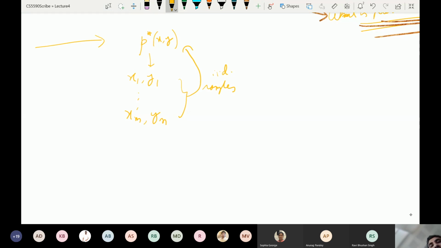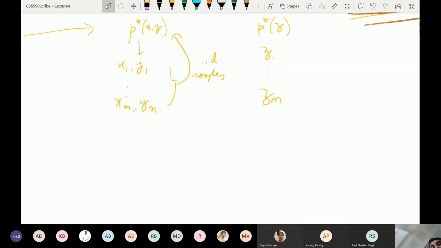Just for notational convenience, let me call (x, y) as z. So it's as if there is an unknown distribution over z and there are samples z1 to zm. Whether I call it z or x does not matter. After we solve this problem, we'll worry about the other steps in generative modeling.